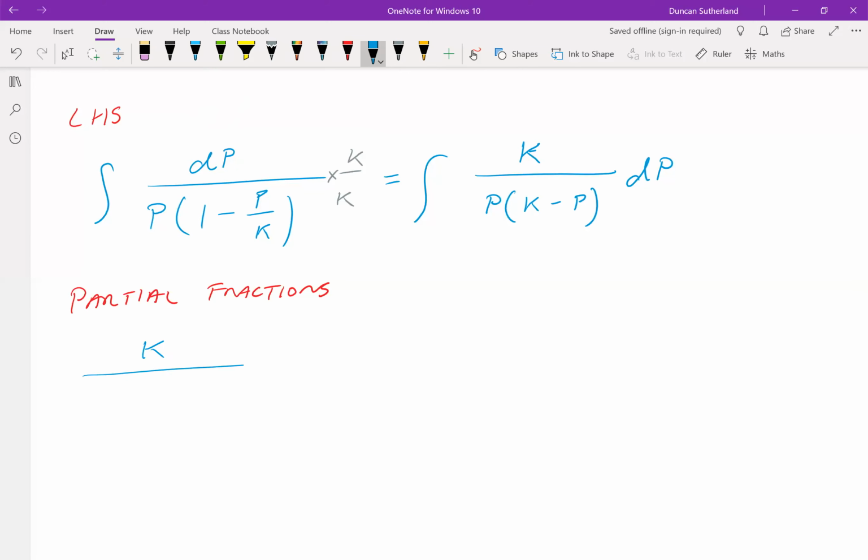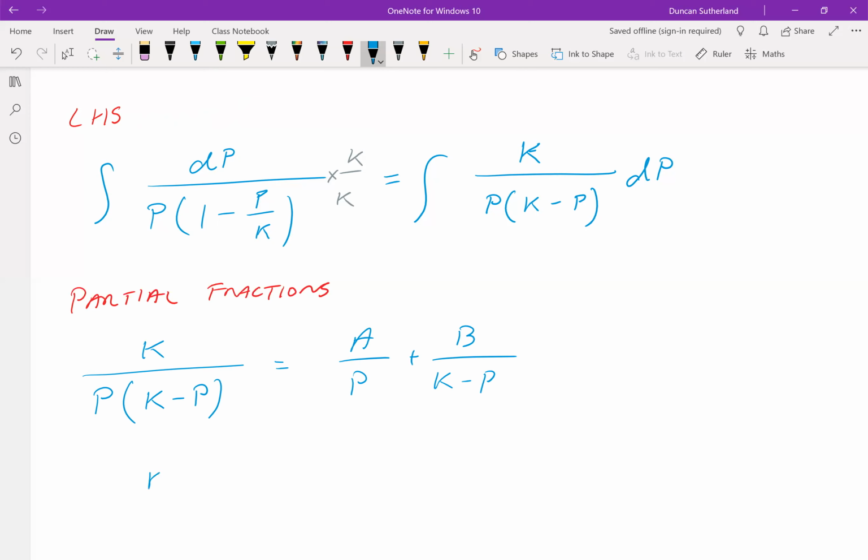Essentially what we're trying to do is take our fraction K over p times (K minus p), and rewrite that as A over p plus B over (K minus p). We can multiply through by the denominator to clear that out.